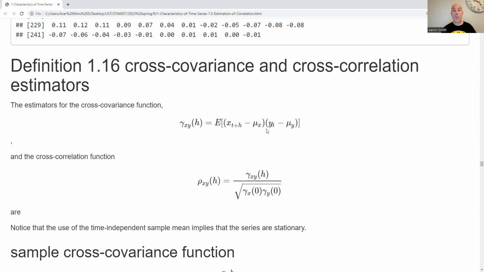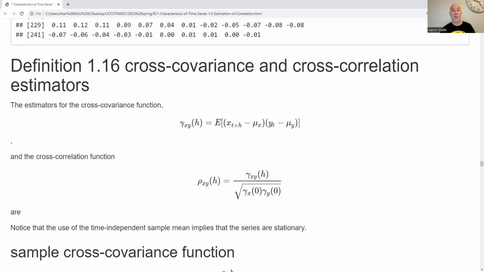So you'll notice that in the computation, y stays put, x is getting shifted by h. Something important to notice is that if I'm using the overall average for these, I'm making the assumption that we have a stationary mean. So I'm assuming weak stationarity for both of these for this calculation to make sense.